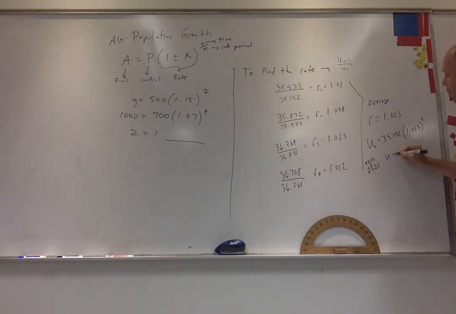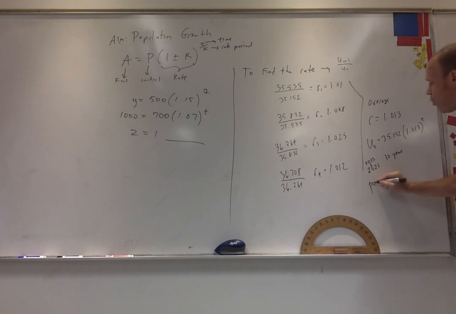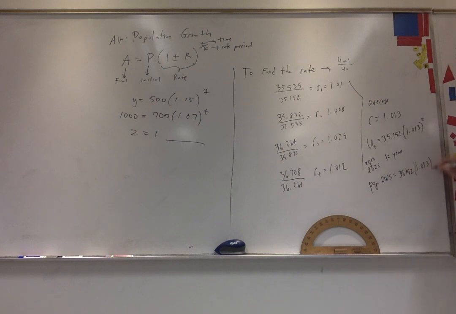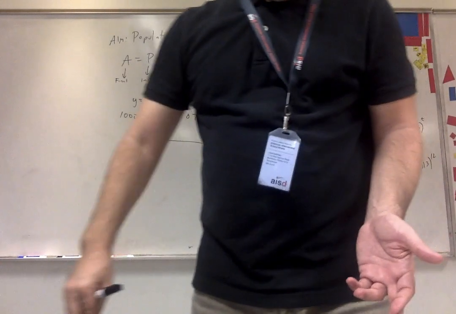That's 12 years. So the population of 2025 is 35.152 times 1.013 to the 12th power. And you can figure that out in your calculator.